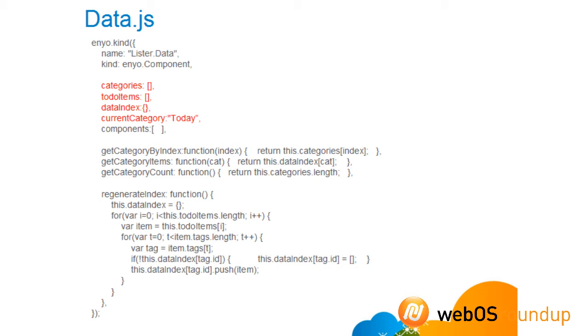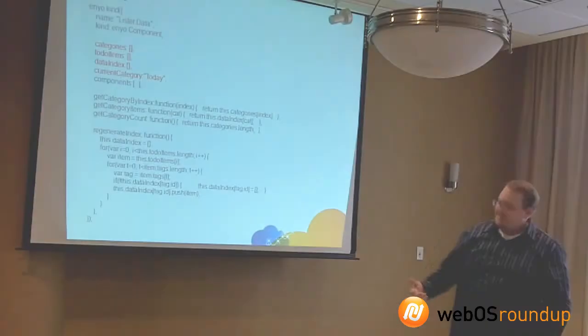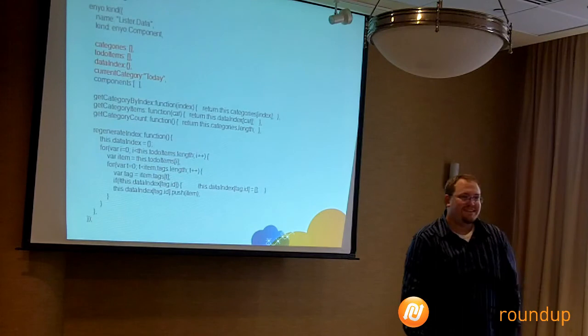Components is an array. He's truncated the functions where he's got get category by index, get category items, get category count, and then a regenerate index function. All of them just do what they need to, and the get ones just return the values that he needs. I don't know how else to explain that.